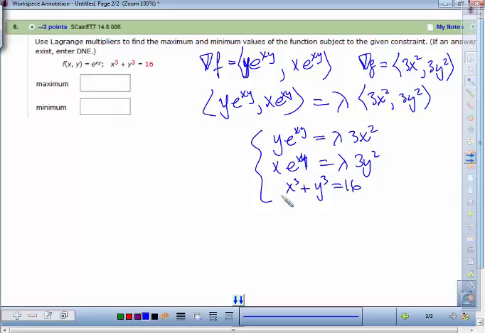So here's your 3 equations and 3 unknowns. And somehow, some way, you're going to need to solve for x and y, and if need be, lambda, to figure out what's going on in this situation.